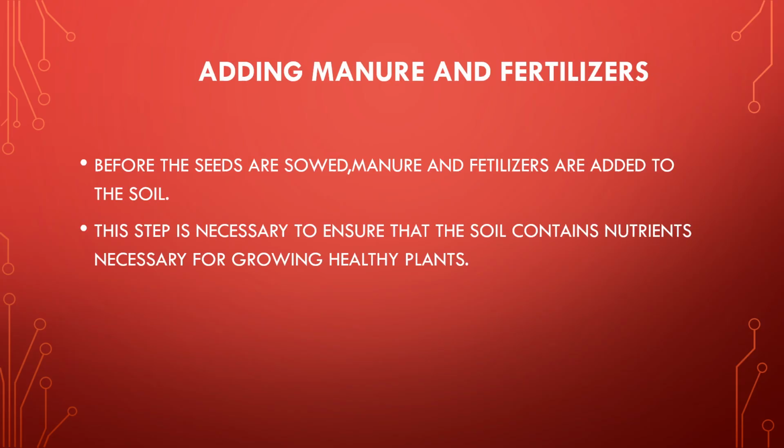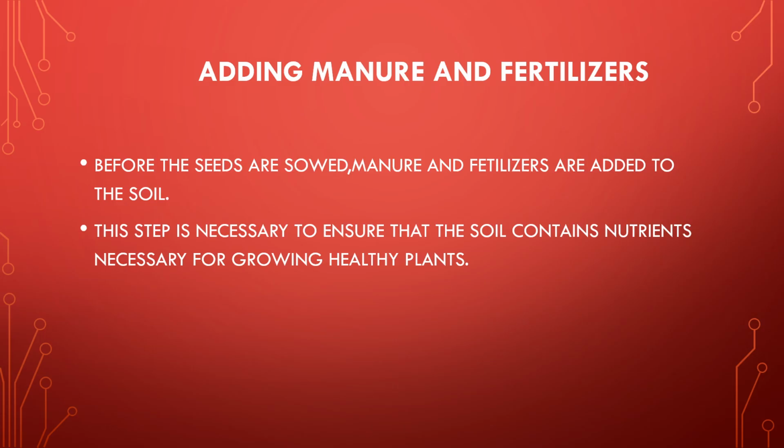Next, adding manure and fertilizers. Before the seeds are sown, manure and fertilizers are added to the soil. This step is necessary to ensure that the soil contains nutrients necessary for growing healthy plants.